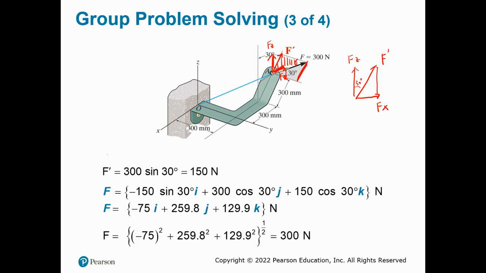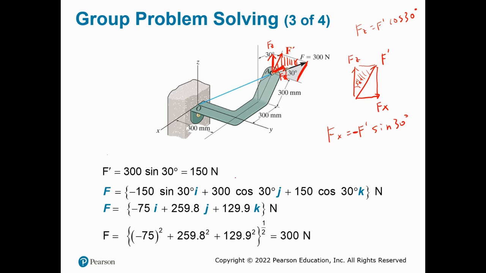Using that 30 degrees, we can find Fz equals F prime cosine 30, Fx equals F prime sine 30. Be careful with the sign. Again, x will be negative. Now plug it in.